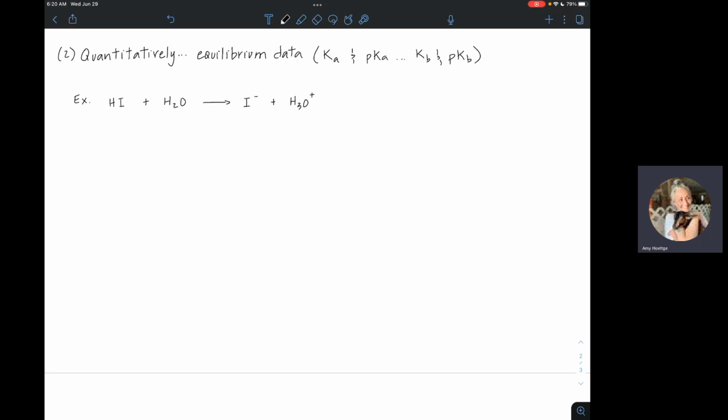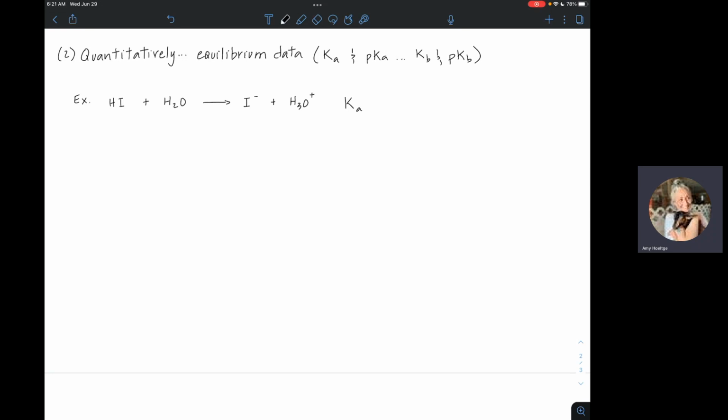And so the equilibrium expression for this: equilibrium expressions are indicated with a capital K. The little letter that comes after it is telling you what equilibrium process you're talking about. If you have a Ka, we're talking about the acid dissociation process. If you're talking about a Kb, we're talking about the reaction of a base with another molecule that's acting as an acid.